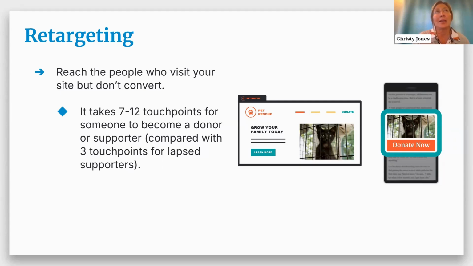What I love about these campaigns is once somebody does take the action that you want them to take, they essentially are pulled out of that retargeting funnel. And again, as a nonprofit, it's so important for me to spend my dollars where it's most important.